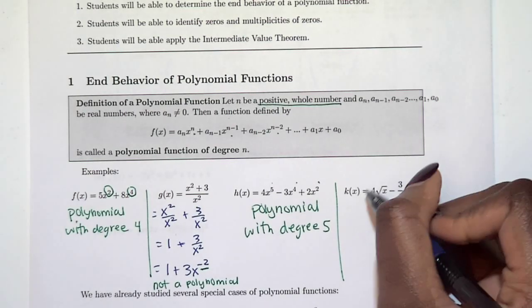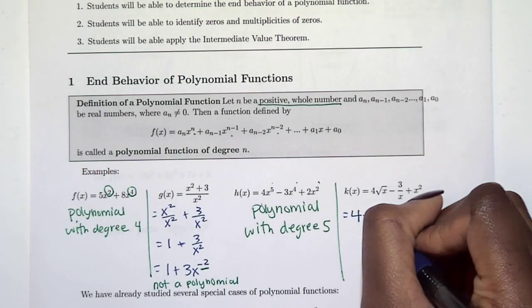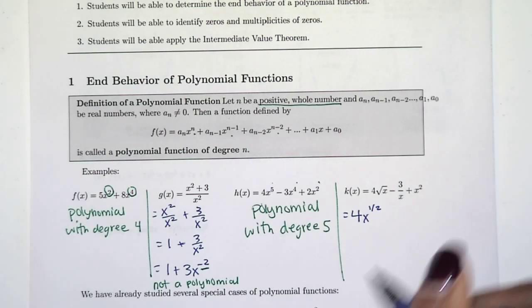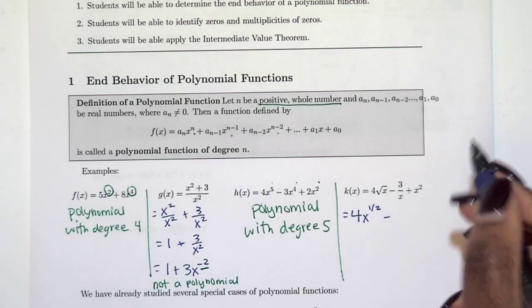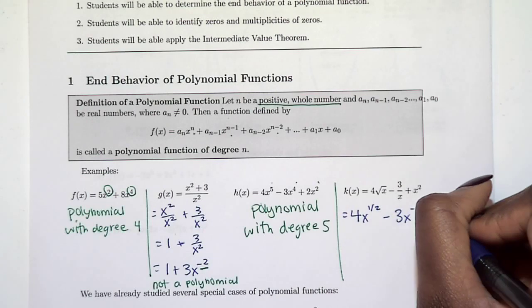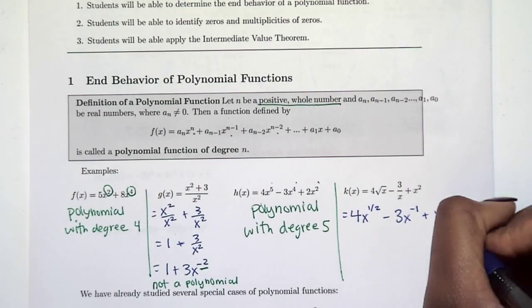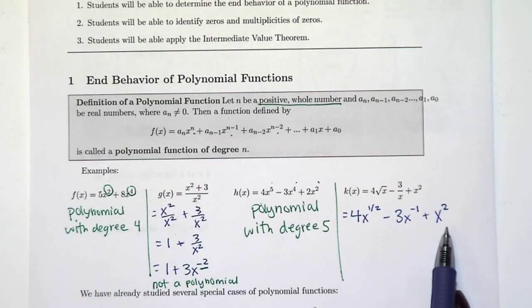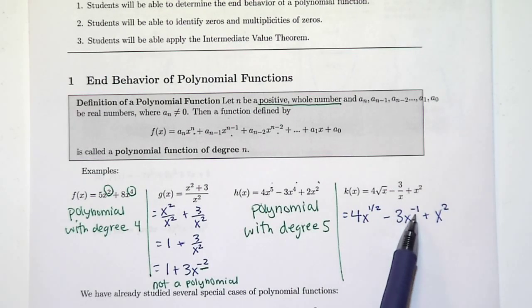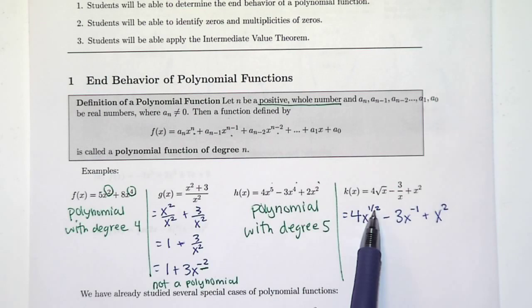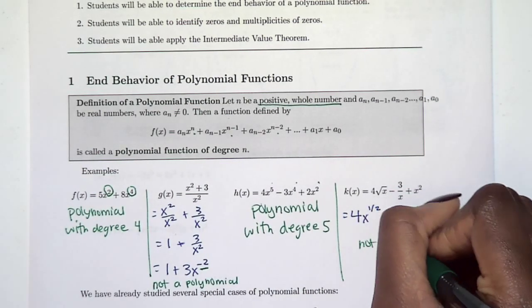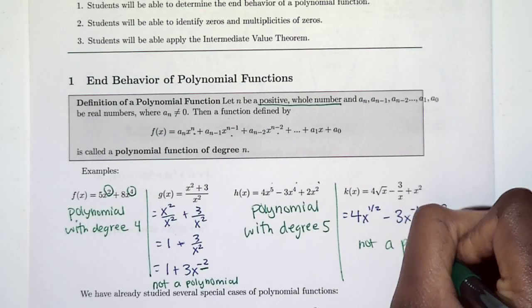Well, what kind of exponent is that? Remember, when we have a square root, that means we're raising something to the 1/2 power. And when we have something in the denominator, we're making that power negative. And so x squared is good because that's a positive whole number. However, this minus 1 up here is not good, and this 1/2 is not good, so this is not a polynomial.